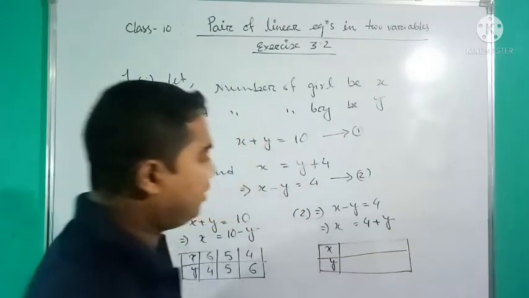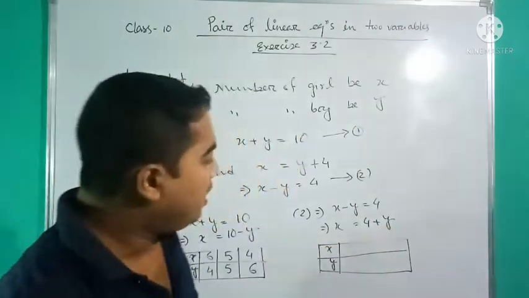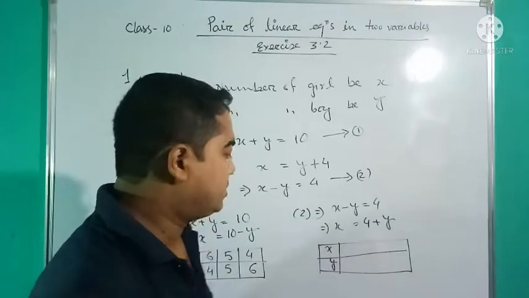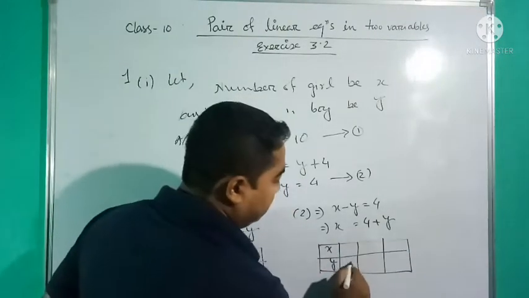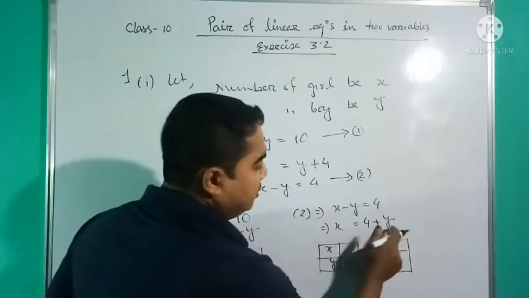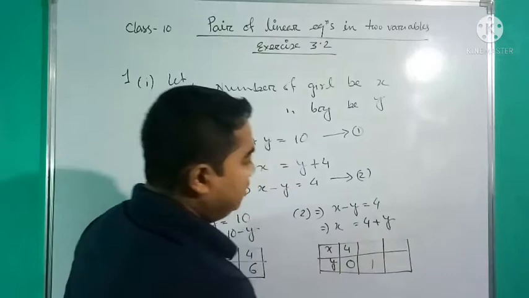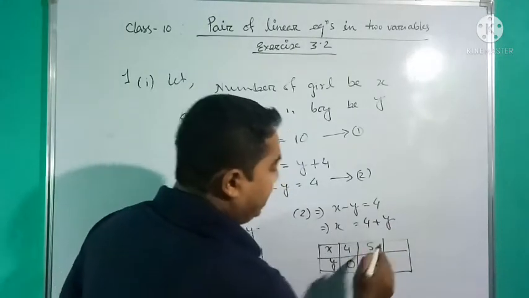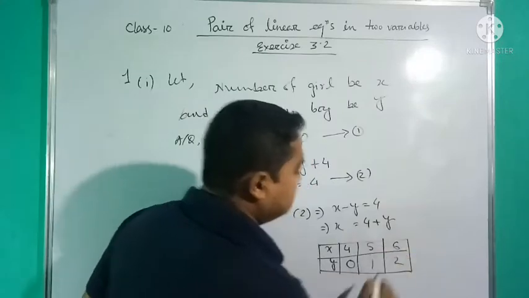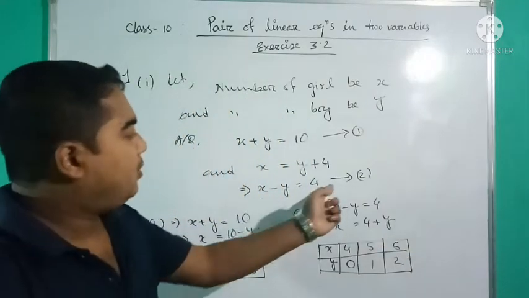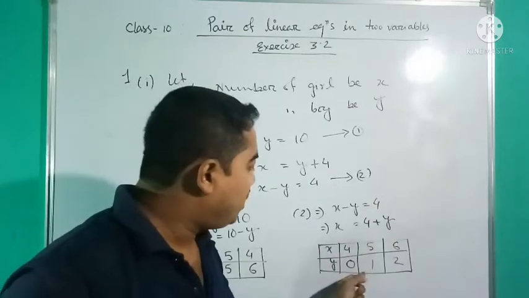At the y place you put any value, like 1, 2, 3, 4, and find the x coordinate. 3 coordinates are sufficient. For y equal 0, 4 plus 0 is 4. For y equal 1, 4 plus 1 is 5. For y equal 2, 4 plus 2 is 6. From equation number 2 we got 3 coordinates: (4, 0), (5, 1) and (6, 2).